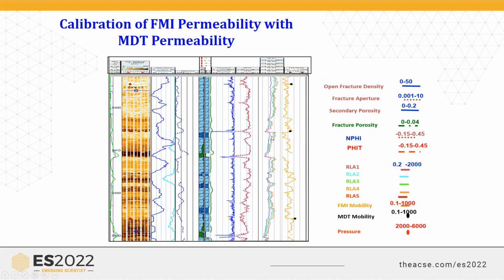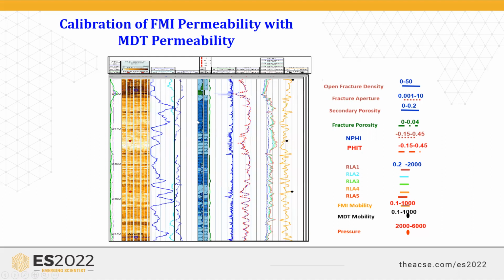And also the resistivity you can see here. Again, we have some dolomite, and mostly the highly fractured zones will be in dense limestone. And the same again here, we have higher fracture density in limestone, and again the FMI permeability is matching well with the MDT mobility.